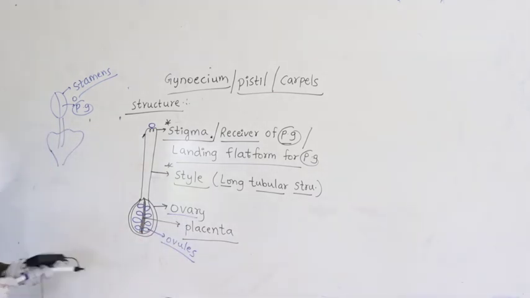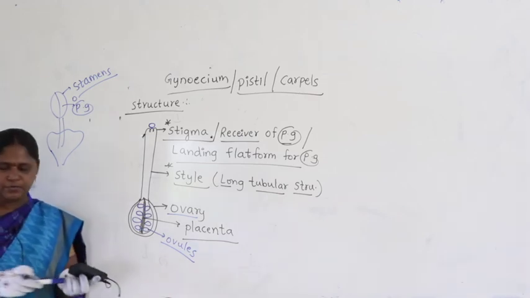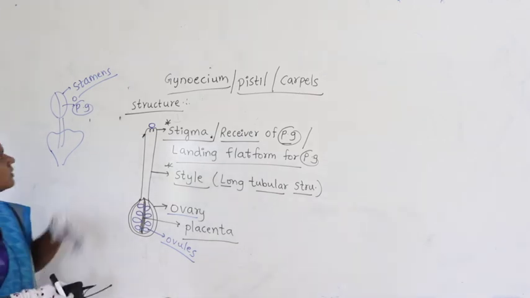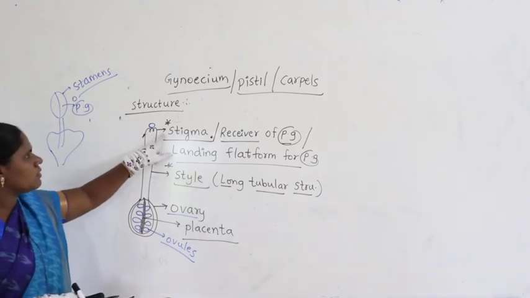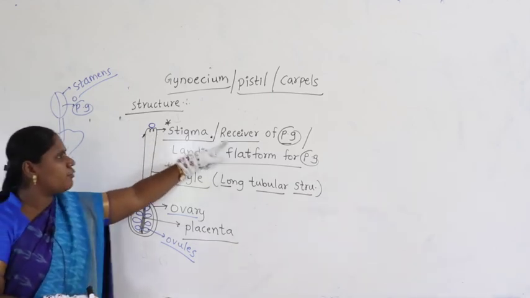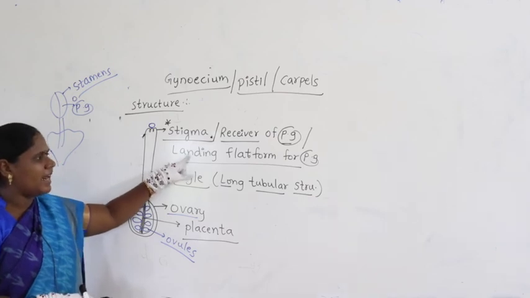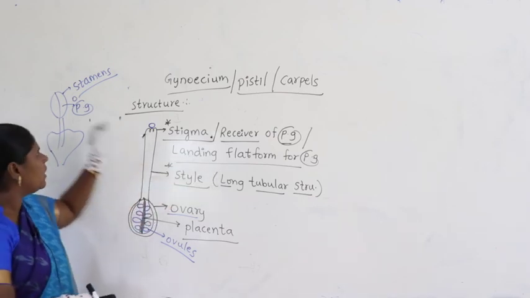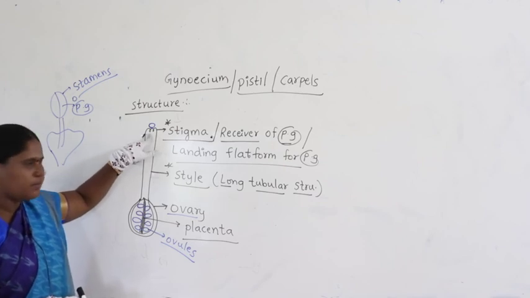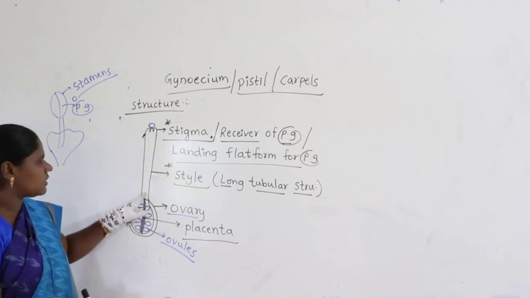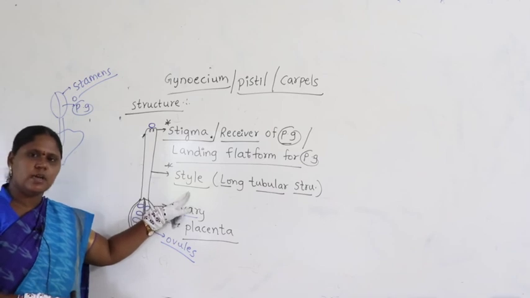Right. So, in the structure of gynoecium, this is called stigma, also the receiver of pollen grain, or a landing platform, because the pollen grain will come and fall on the surface of stigma. This is supported by a long tubular structure called style.